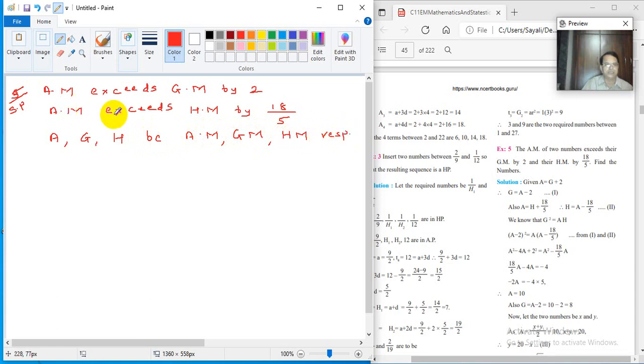So by the relation that is given, you can say a is equal to g plus 2.